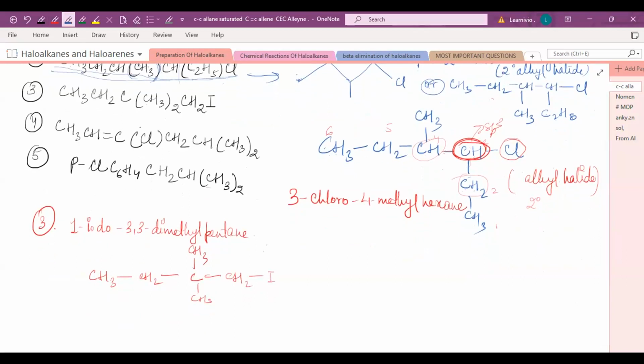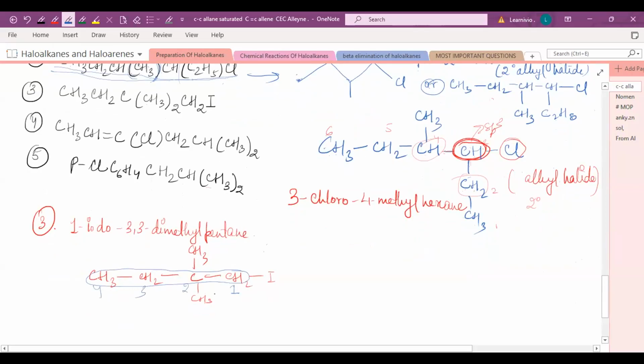Now this is your parent chain obviously, four carbon chain. We will start the numbering from the right side, because iodine will get the least number, and the methyl ones, 1, 2, 3, and 4.